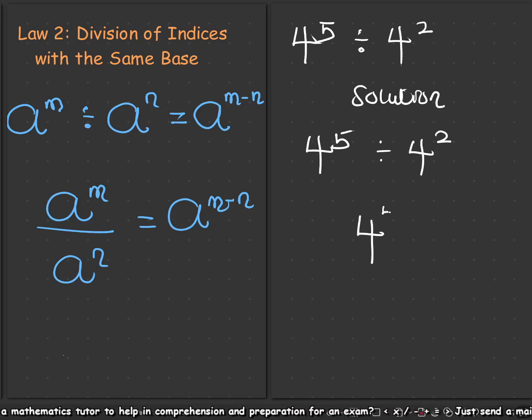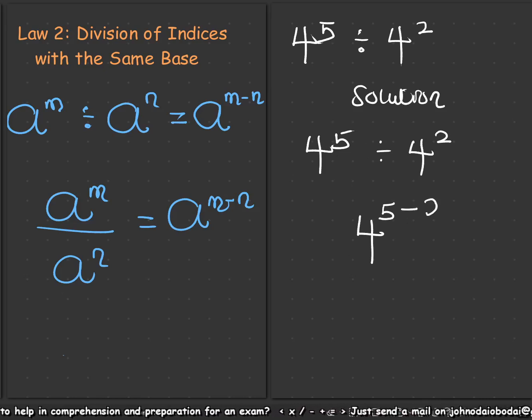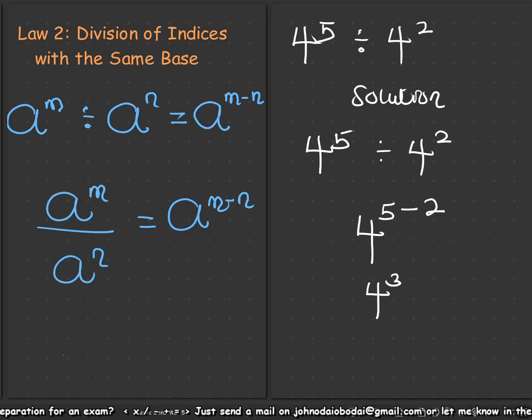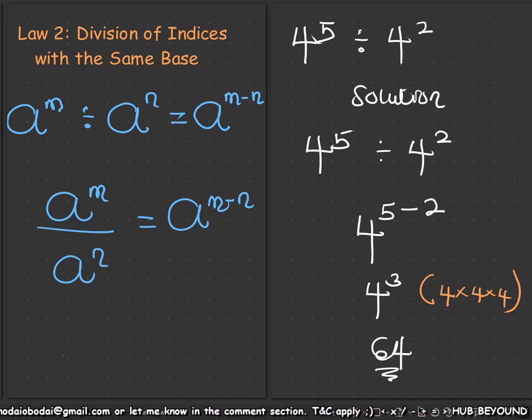And now we have 5, that is from this power, minus 2 from this power over here. And 5 minus 2 gives us a 3. And we know what 4 to the power 3 is. It simply means 4 times 4 times 4. And that gives us a 64. As simple as that.